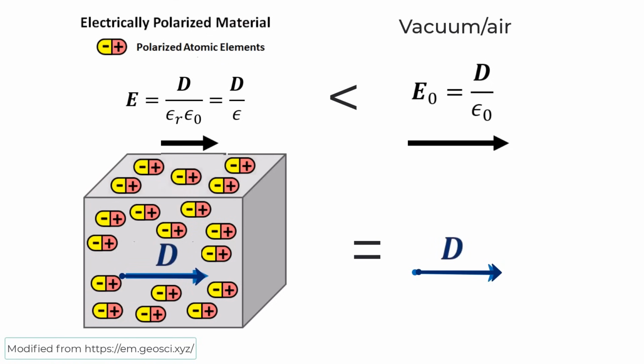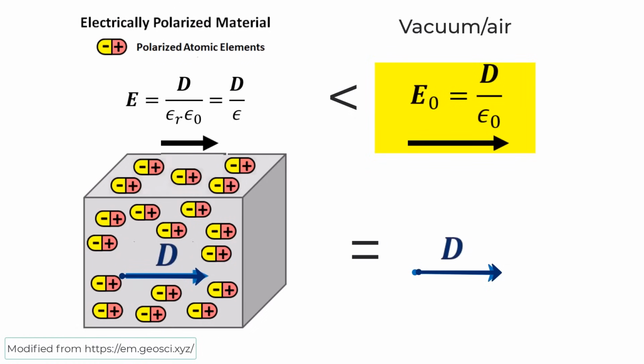See, when the displacement field from static charges goes through a dielectric, the displacement field pushes the atoms in it to be a bit polarized, with one side more positive and one more negative, which reduces the electric field in the material by a coefficient called the relative electric coefficient, epsilon r, where the total coefficient epsilon equals the relative coefficient times the vacuum coefficient.